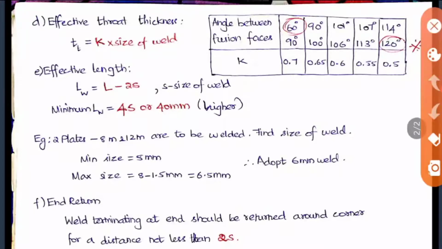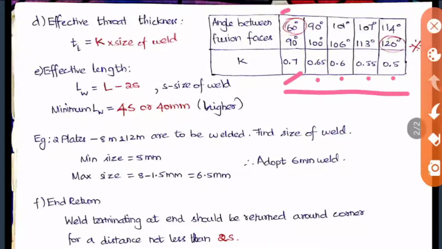When it is 60 to 90 degrees, the K value will be 0.7. When it is 90 to 100 degrees it is 0.65, 101 to 106 degrees it is 0.6, 107 to 113 it is 0.55, and 114 to 120 degrees it is 0.5. These values decrease in steps of 0.05, so you can just remember that.